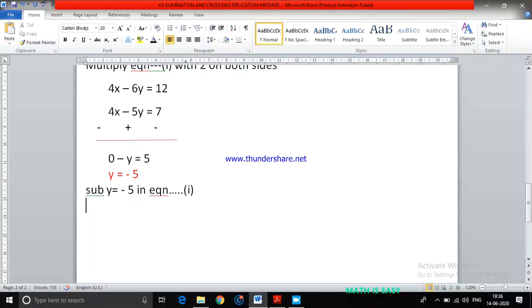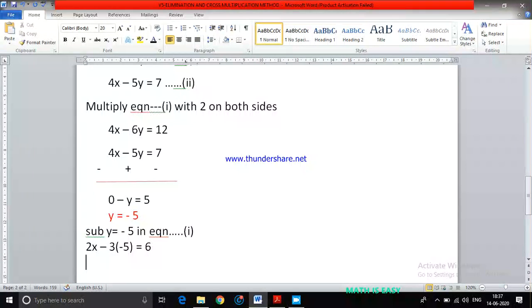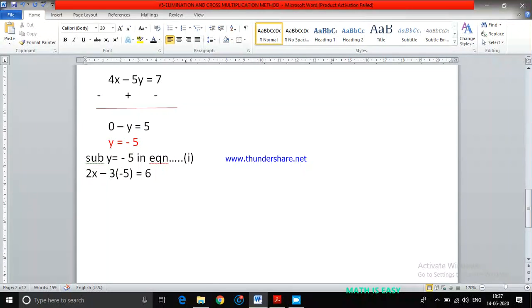You can substitute in equation 2 also, no problem. What is equation 1? 2x minus 3y equals 6. So it will be 2x minus 3y, y value will be minus 5, equals 6. Is that okay? So just y I am replacing with minus 5 here.